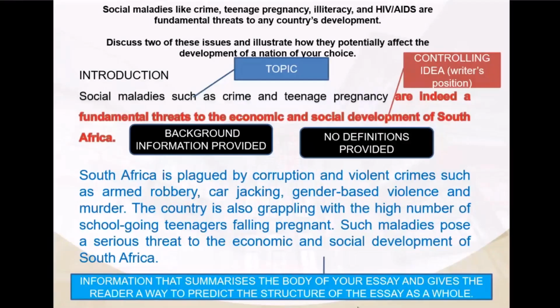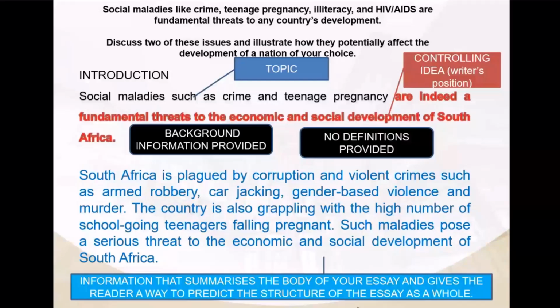What this structure is, in fact, as the bottom information says, is information that summarizes the body of your essay. In other words, points or ideas that show what you are going to dwell on in supporting the stance that you have taken in the introduction. In this instance, the student would use armed robbery to show how it is affecting the economy and development of South Africa socially. It's going to write about car hijacking. These are all crimes.